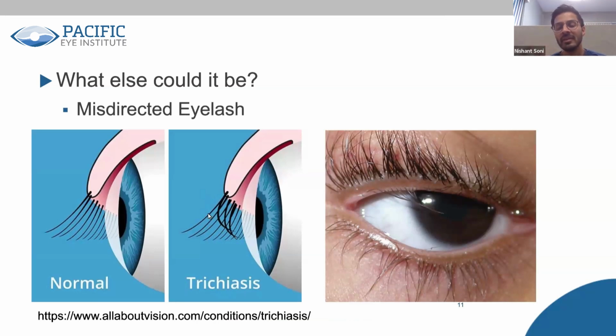And that can feel like something that's causing dry eyes, but we need to manage these eyelashes in order to help with that problem. So here's a photo showing eyelashes coming from other glands, and that's called distichiasis, but that's just another way that eyelashes can start to hit the cornea.